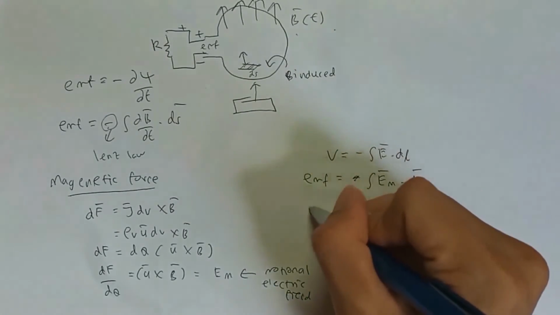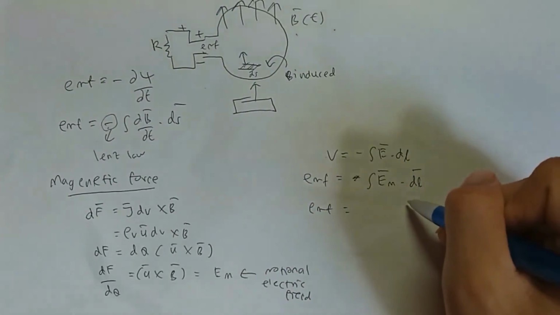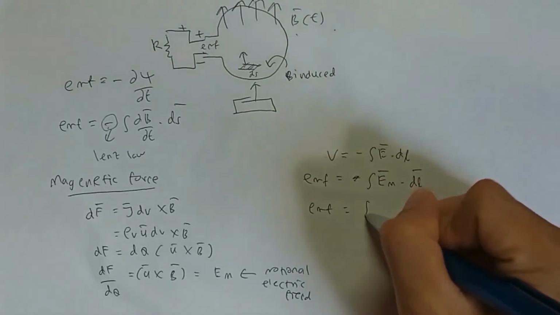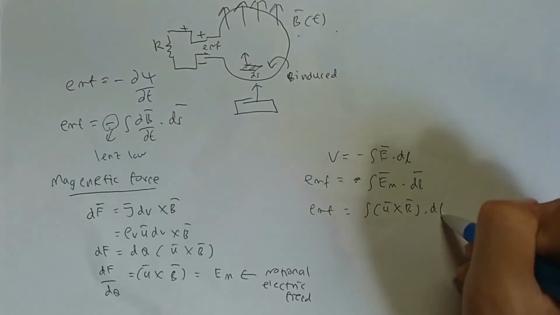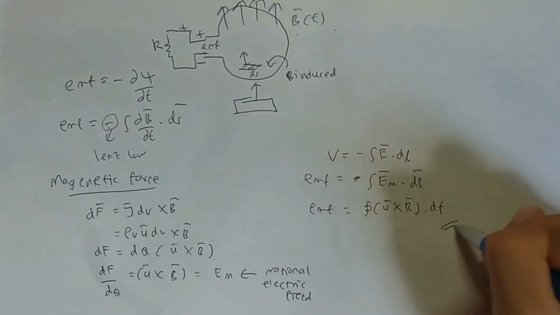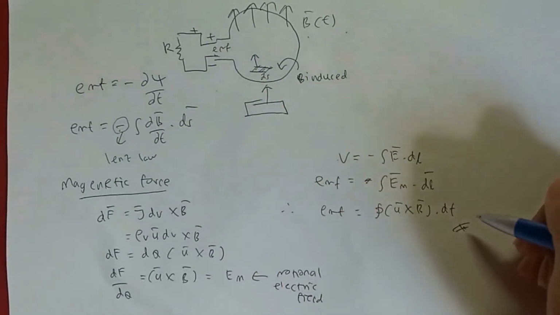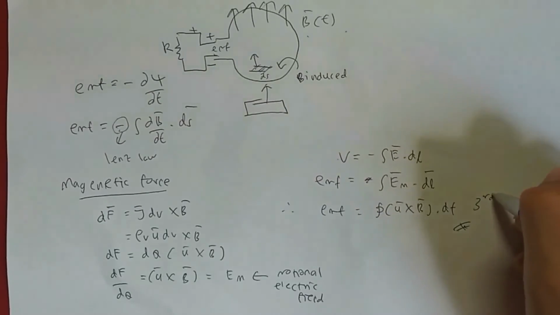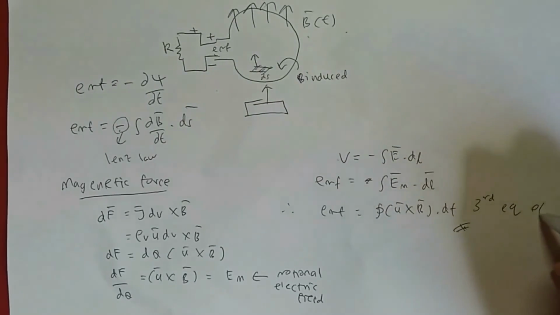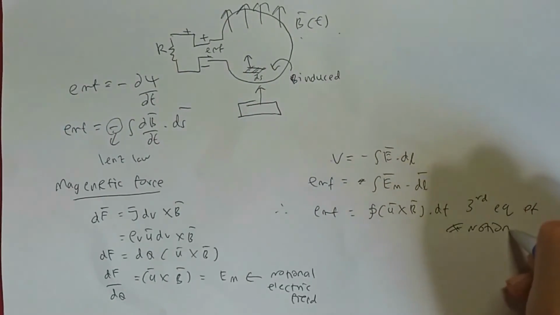As we know, E_m is equal to u cross B. So this is the final equation of the motional EMF, and this is also the third equation of motional EMF.